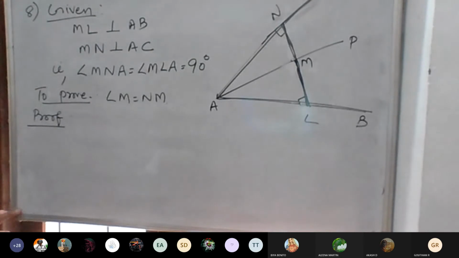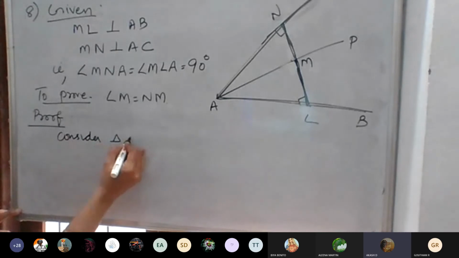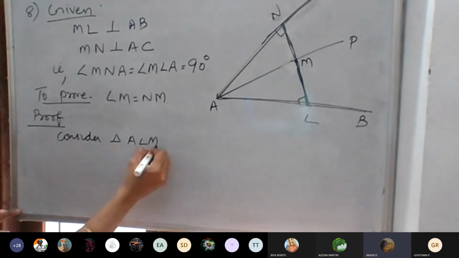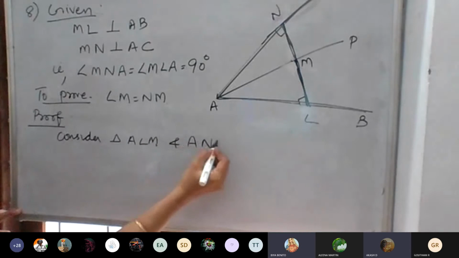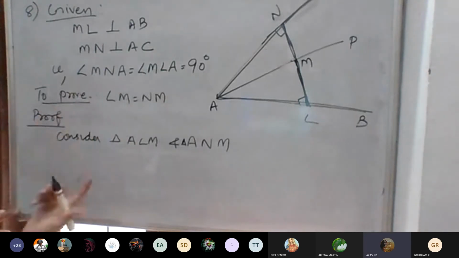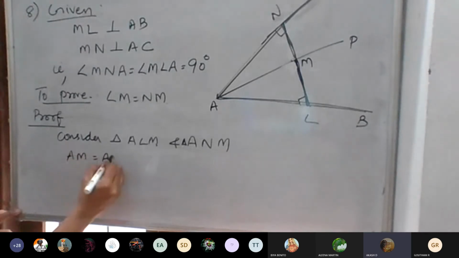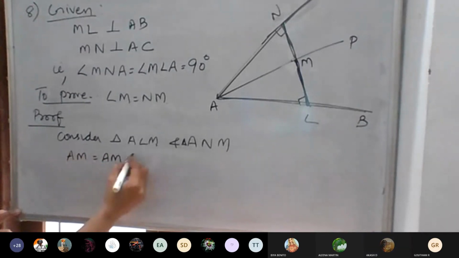Proof. Consider triangle ALM and triangle ANM. AM is common. AM is equal to AM, common.